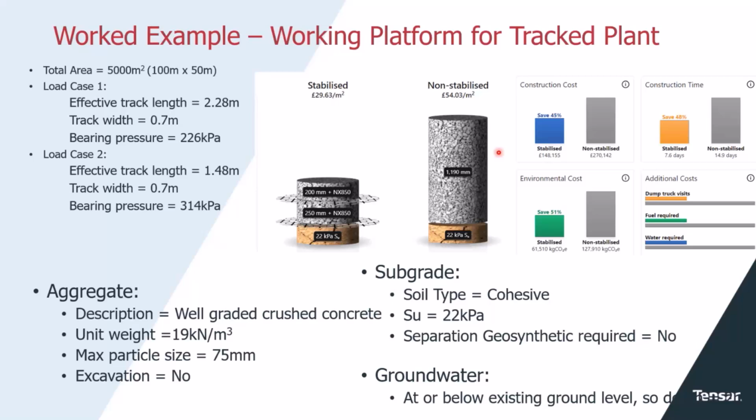Of course, when we need less quarried stone or less transportation, we require less dump truck visits, less fuel, and less water for compaction, we will save on environmental impact. And these values are significant.